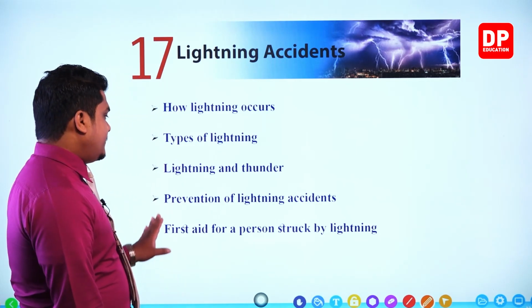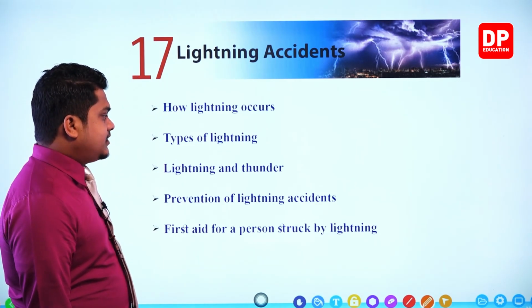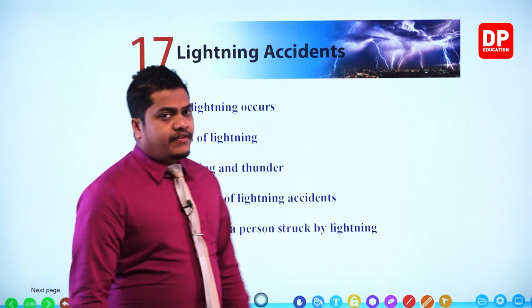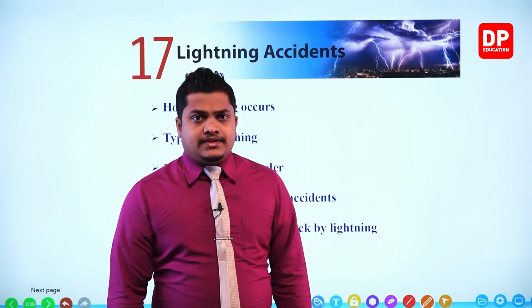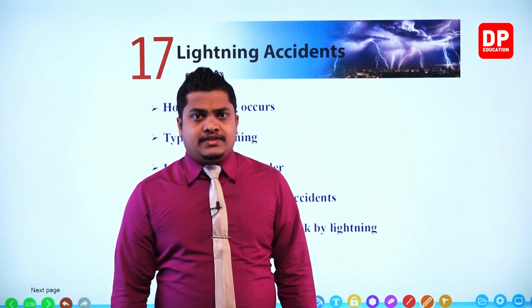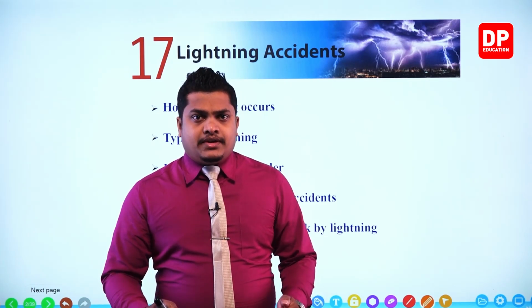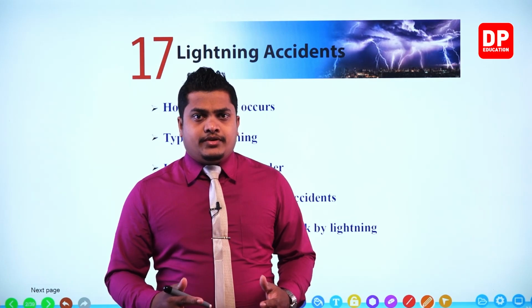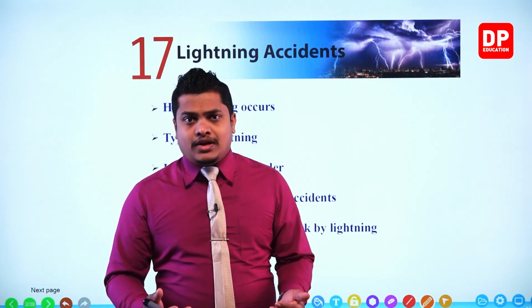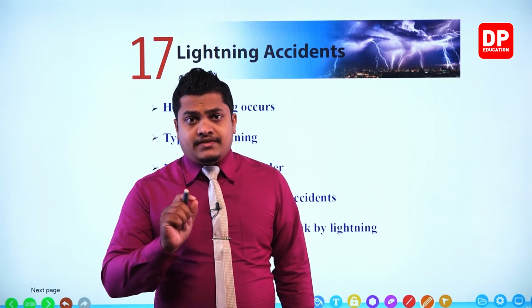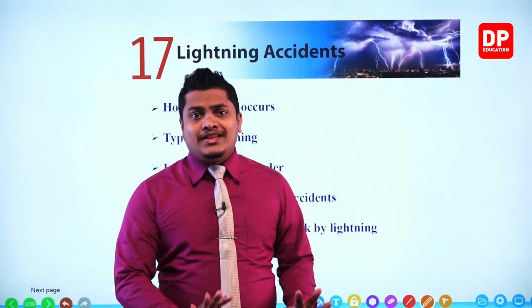Then after that, prevention of lightning accidents. How to prevent lightning accidents? Like I said at the start of our lesson, we'll be discussing how lightning occurs, what the types of lightning are, and what hazardous conditions may arise due to lightning. Then our first and foremost idea is how to avoid these things.